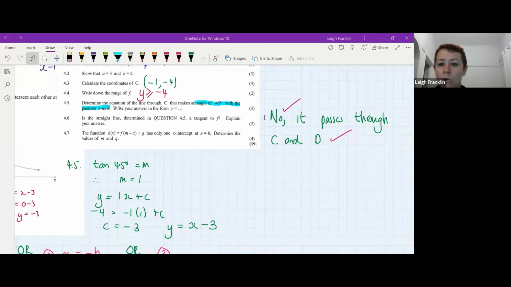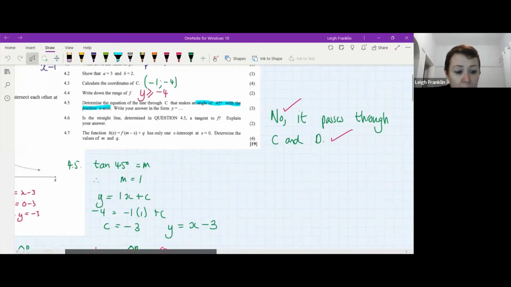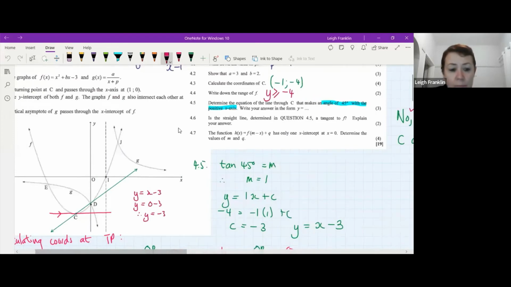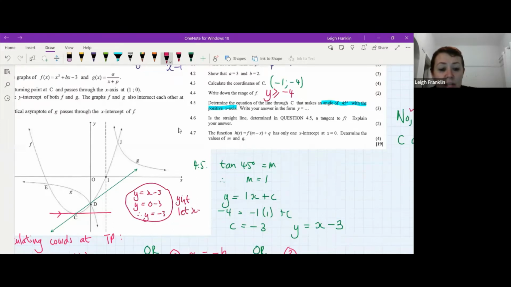Yes, ma'am. Ma'am, if we had to prove it, how would we actually go about it? Well, what I would do is I would do exactly what I had done here. Let me just go back to this. So you know that the equation of the line is y equals x minus 3. And then I would show here that I'm calculating the y-intercept. I'm letting x be equal to 0. y is equal to -3.